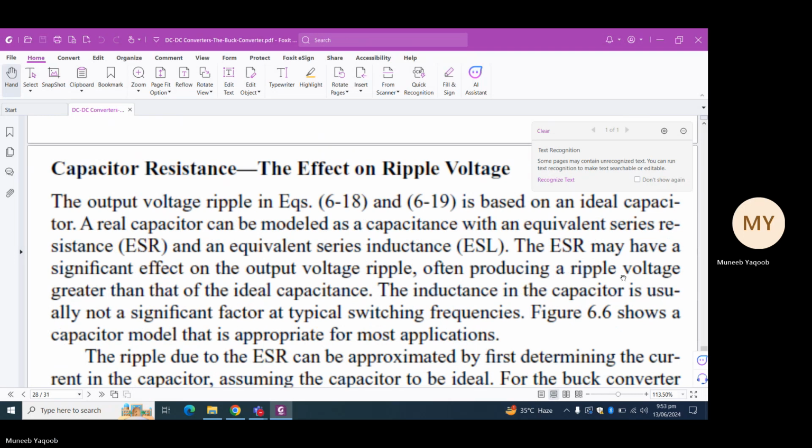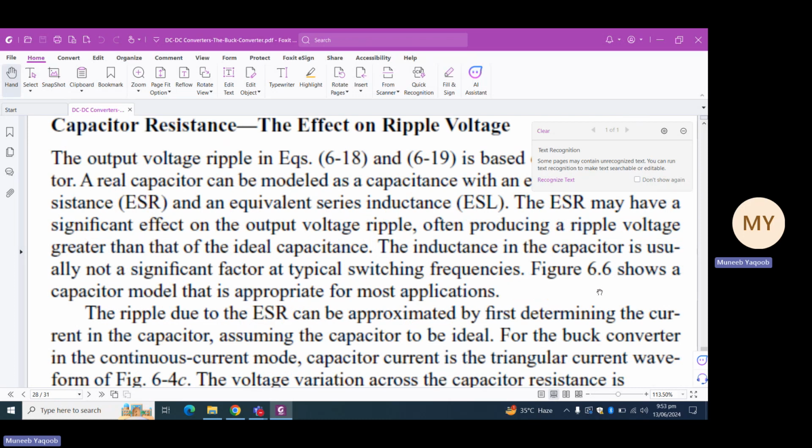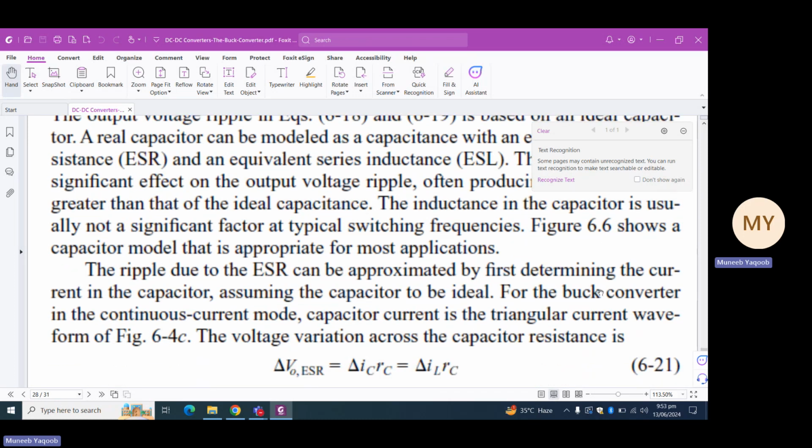Most often the effect of series inductance is ignored. Why is this so? Because the effect of series resistance is more dominant, or we can say that most of the ripple is due to this ESR value. Therefore, we often neglect this ESL and we just calculate the ESR value.